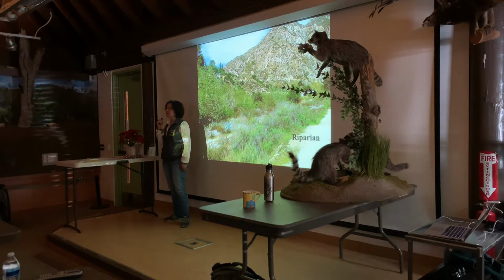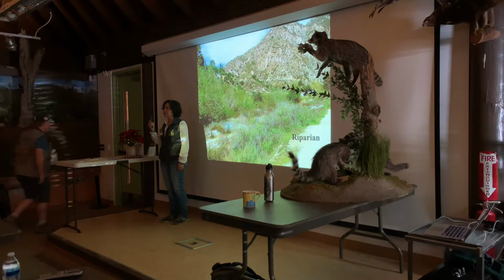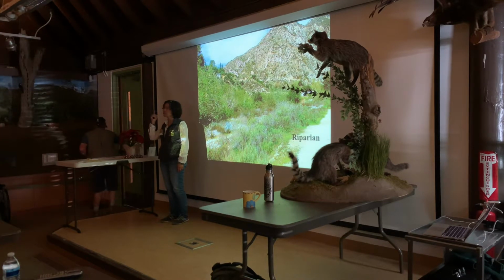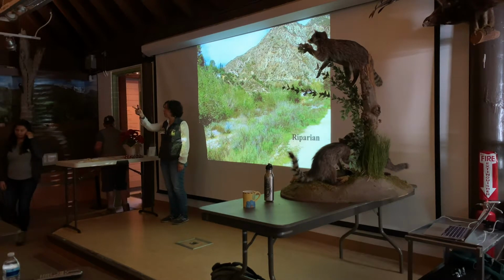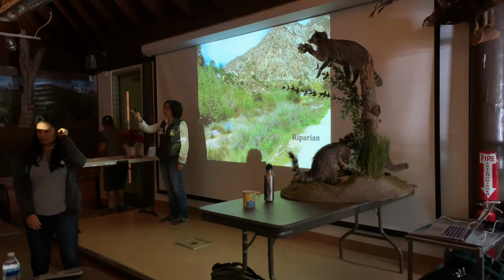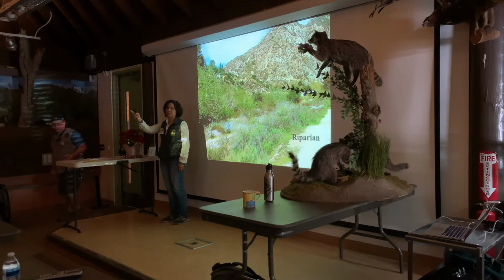Some people will say the stream ran all year round, say 70 years ago, but there really is no historical evidence for that. Actually, the Walker family, who had the park before it became a park, used the stream bed as their summer road to their summer house up the canyon. So it couldn't have had water in it all the time because it was their road.